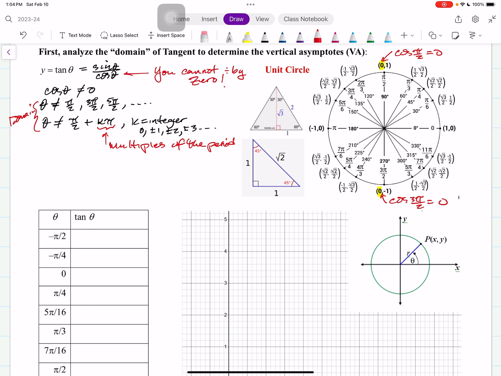The domain gives you the information on the vertical asymptotes, so I expect vertical asymptotes at all of these angles, even negative pi halves and negative 3 pi halves, and so on, because you can go in the other direction too.